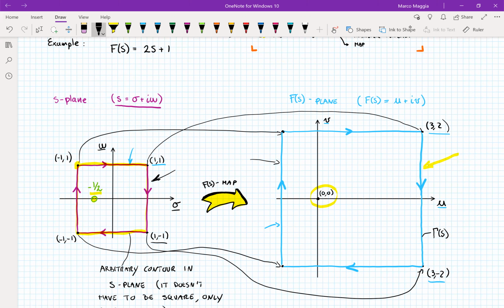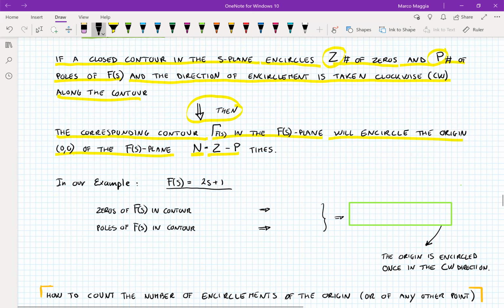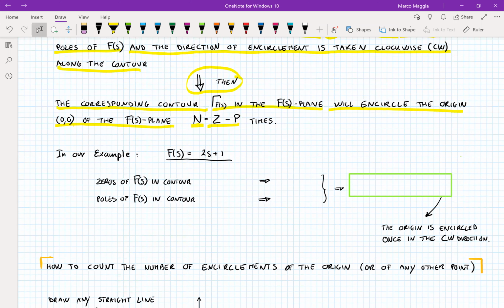But other than that, the shape is really arbitrary, and the location also. So in this case, we have that the S contour encircles 1 zero of f of s. F of s doesn't have any other zeros or any other poles, so it encloses everything of f of s. So Z is equal to 1.